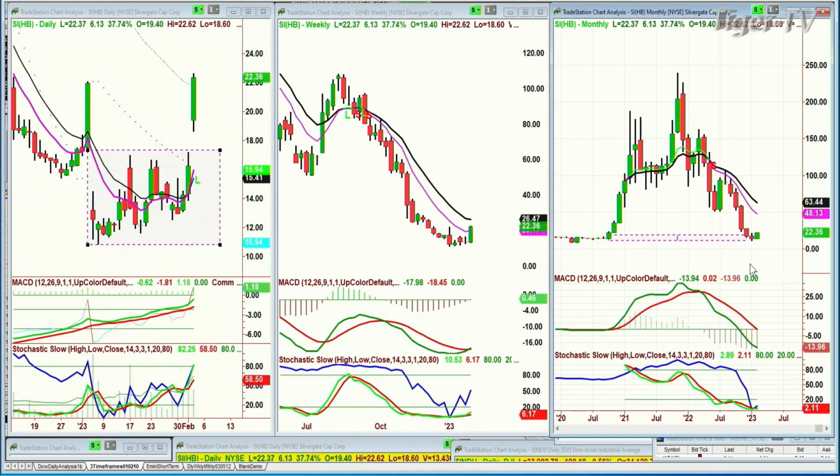More importantly, what I'm looking at is the arch formation. I don't know if you use the stochastic in the monthly chart, but the stochastic in the monthly chart has actually crossed positive, even though it's down at 2%. It was even lower than that in a monthly chart.